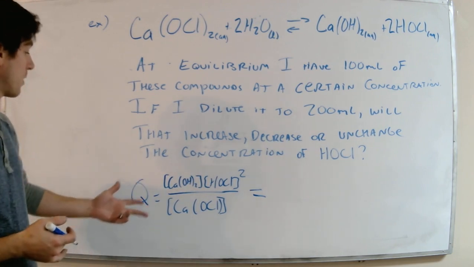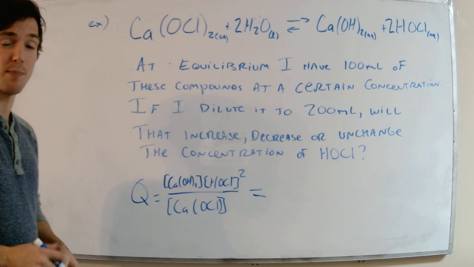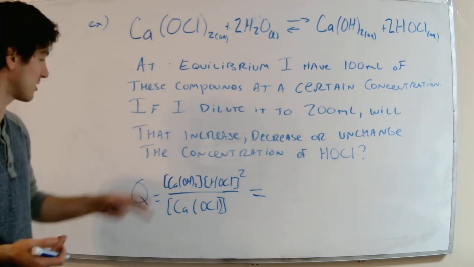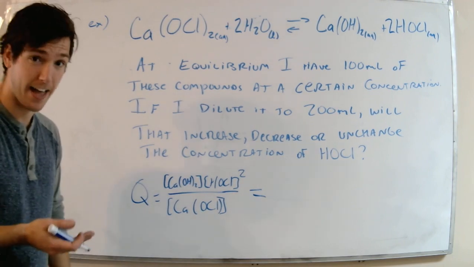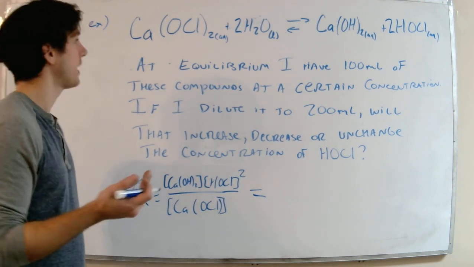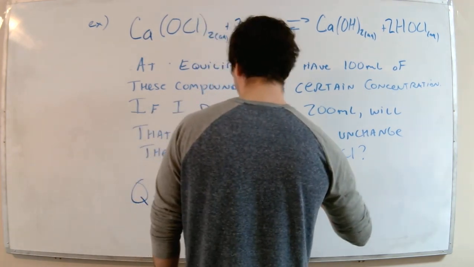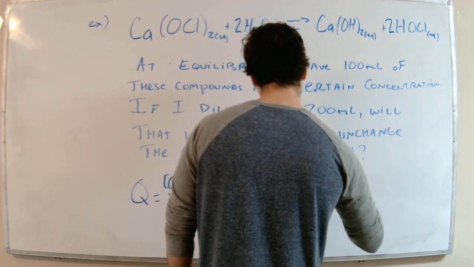But now we are diluting it by twice as much, right? We're adding 200 milliliters, so that means we're cutting the concentration of all these in half. So let's go ahead and demonstrate this as if it was half. We would have half of our calcium hydroxide.